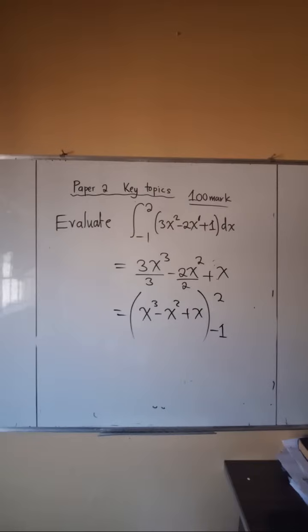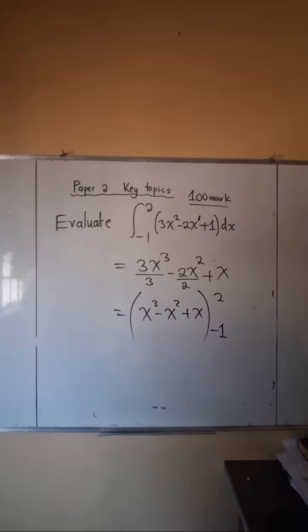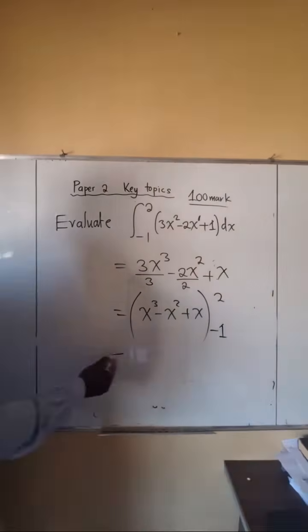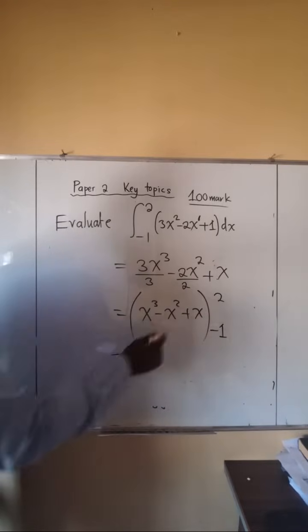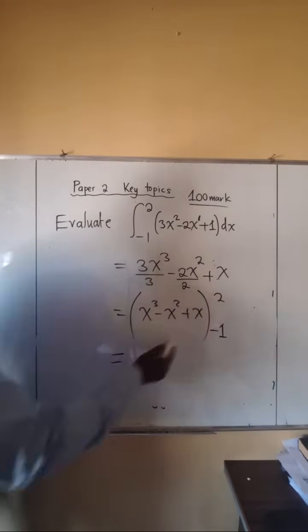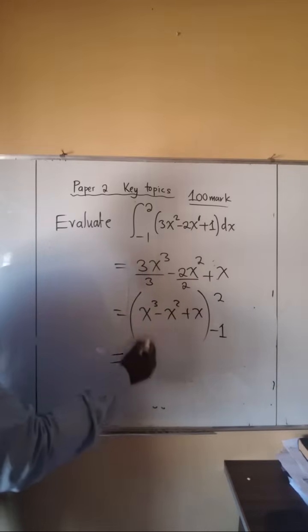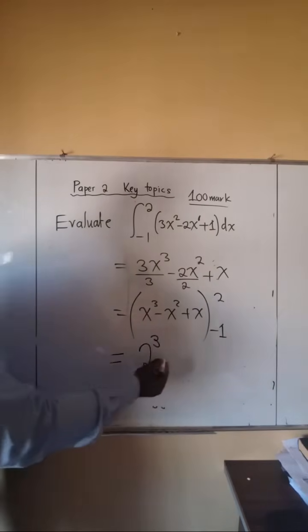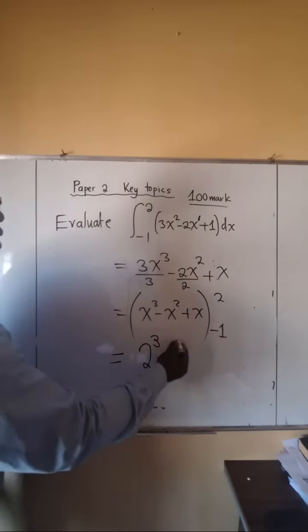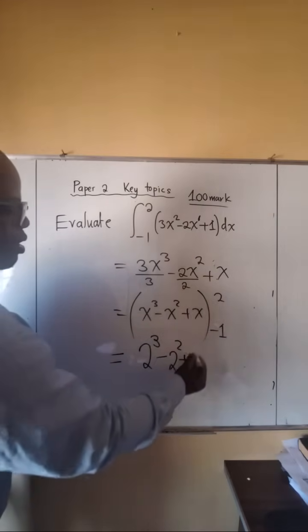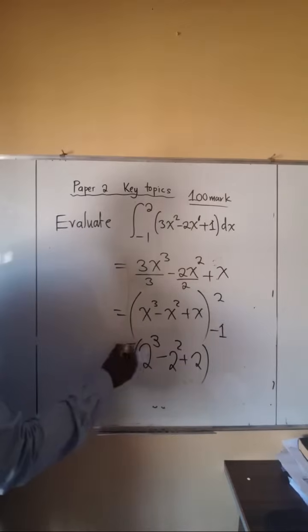Okay, thank you. Once you write like this, you now get the number which is on top, write it like this. Wherever there is x, you write this number. You see the way it is?